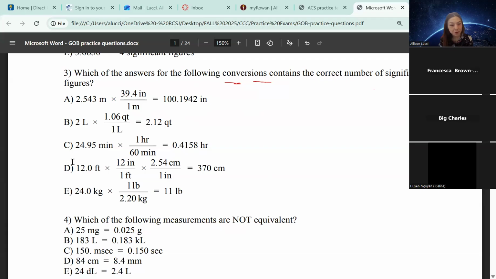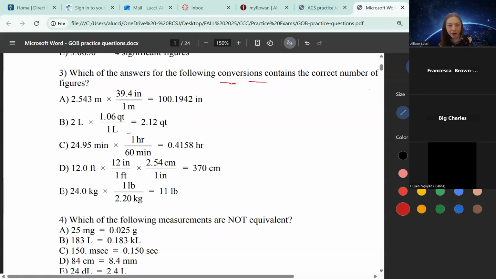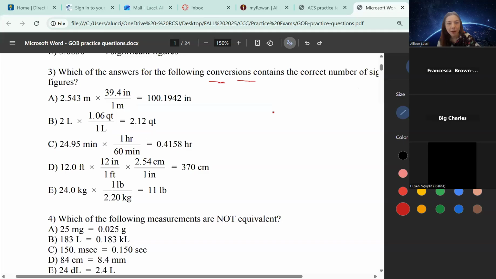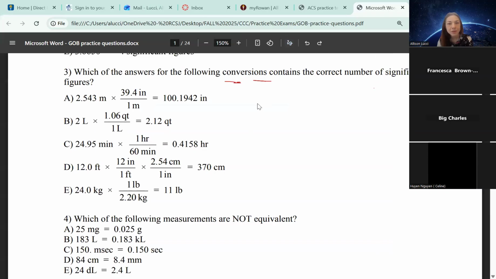Let's take a look at answer choice C here, and I'll explain why this is correct. So we begin with 4 significant figures. We can see that here, 24.95. If you recall conversion factors, what I have right there in the middle, that 1 hour per 60 minutes, will not affect my total number of sig figs at the end. So what I see here is that I end with 4 sig figs, just like I began.